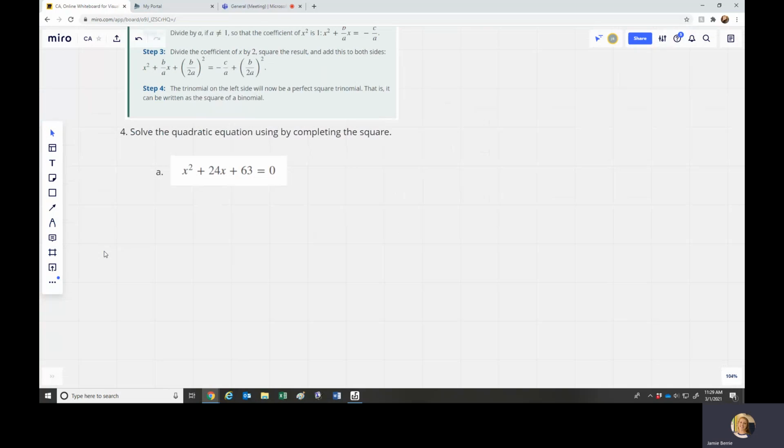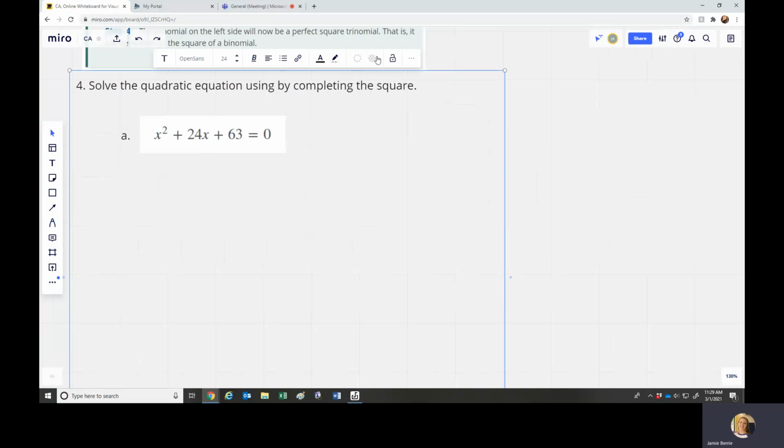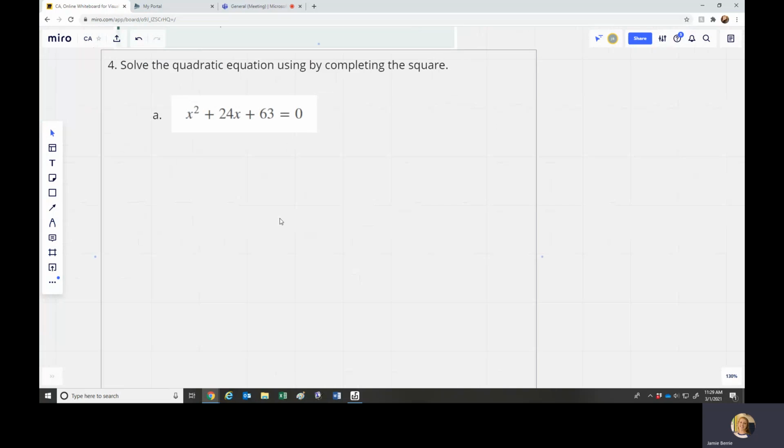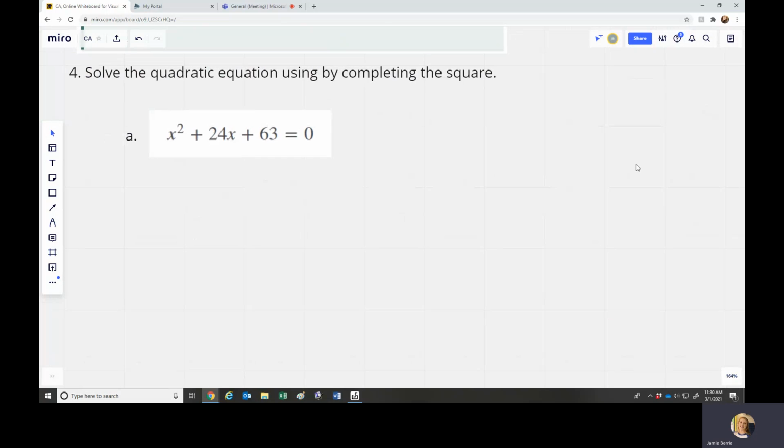So let's look at this first one. We'll start off with an easy one, and then we'll look at one that's a little bit harder. See if I can lock this down so I don't move it. There we go. All right, so solve the quadratic equation by completing the square. So right now you can see that our coefficient on x squared is 1.